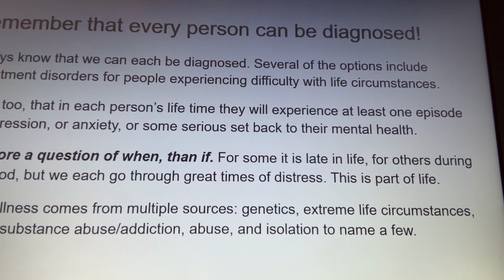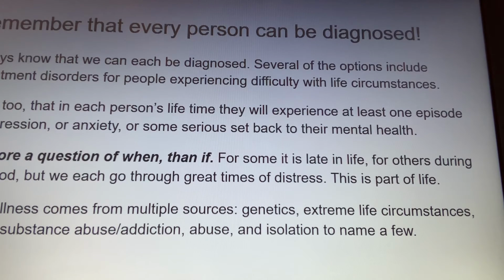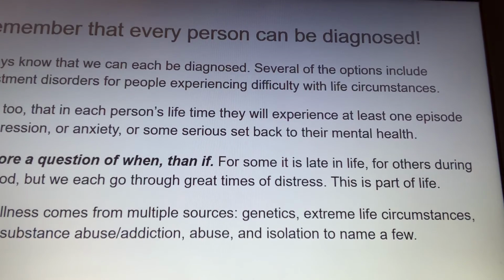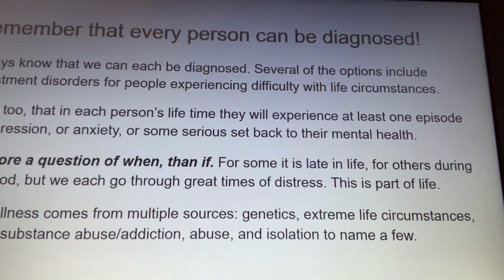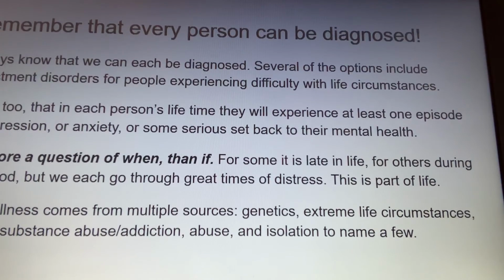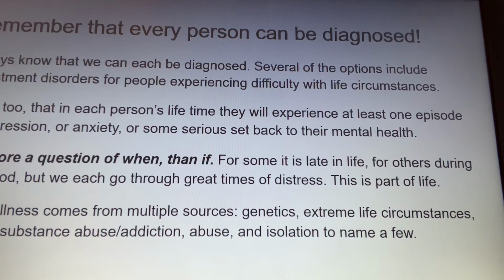There's something called an adjustment disorder, and that is for people experiencing difficulty with life circumstances. Given the anxious time we're in right now, any one of us could be diagnosed with an adjustment disorder at this time.